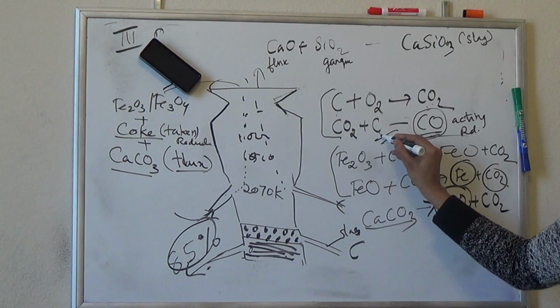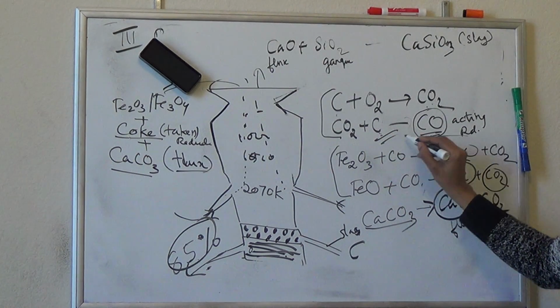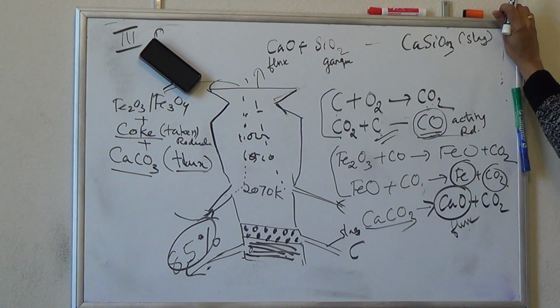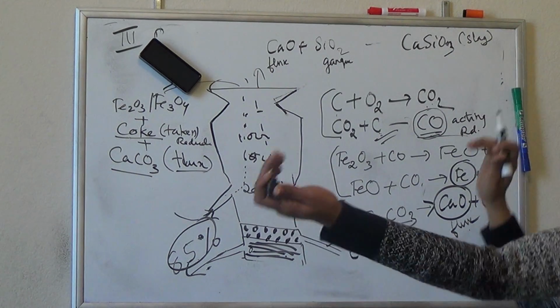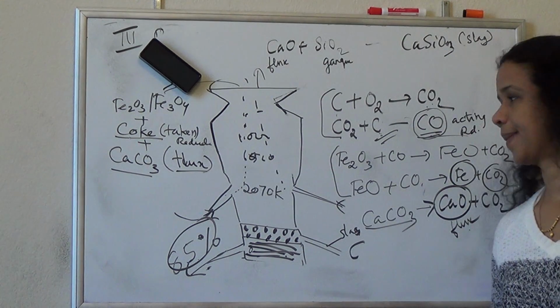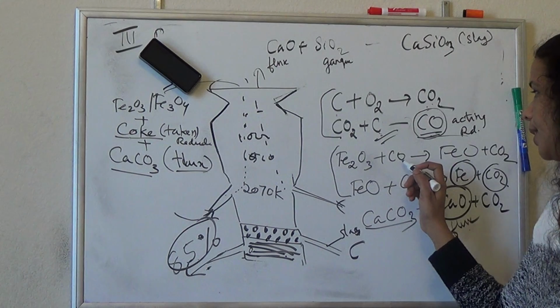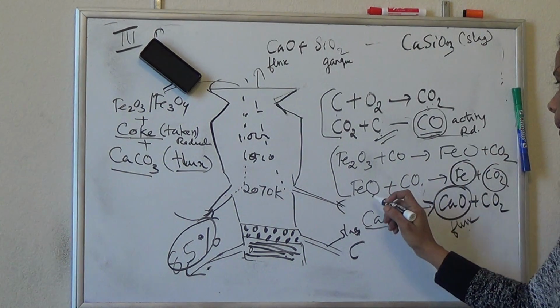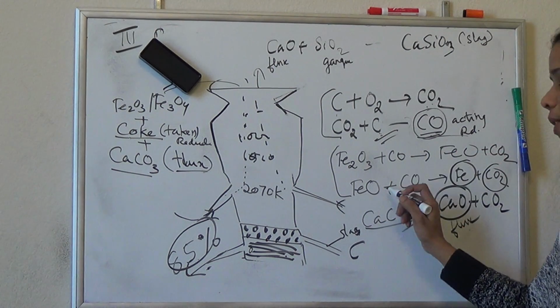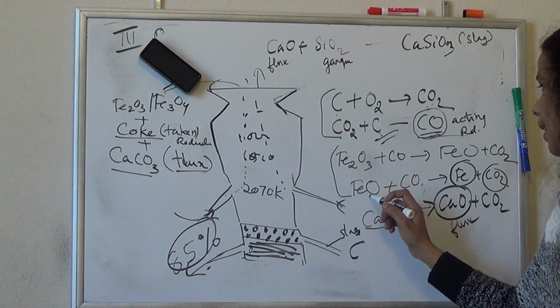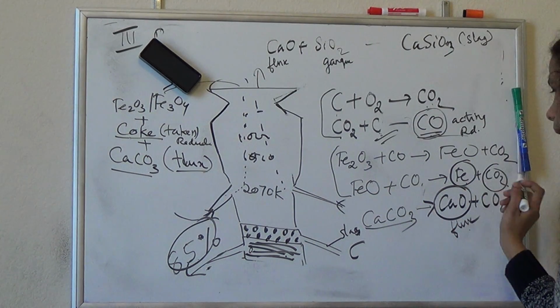Due to the excess carbon present, carbon dioxide forms carbon monoxide, which acts as the reducing agent. Then iron(III) oxide first reduces to iron(II) oxide, FeO, and then iron(II) oxide reduces again to iron.